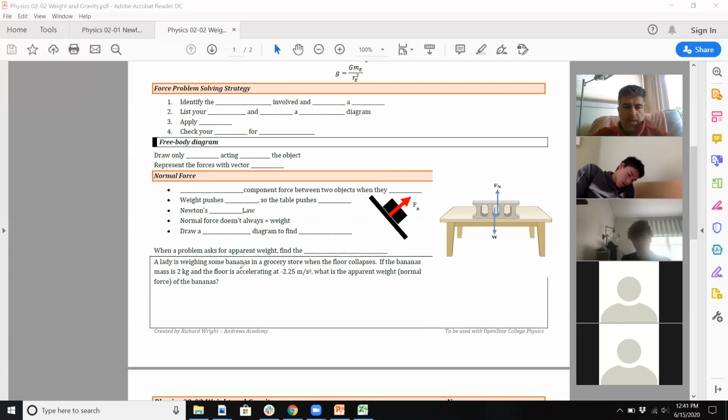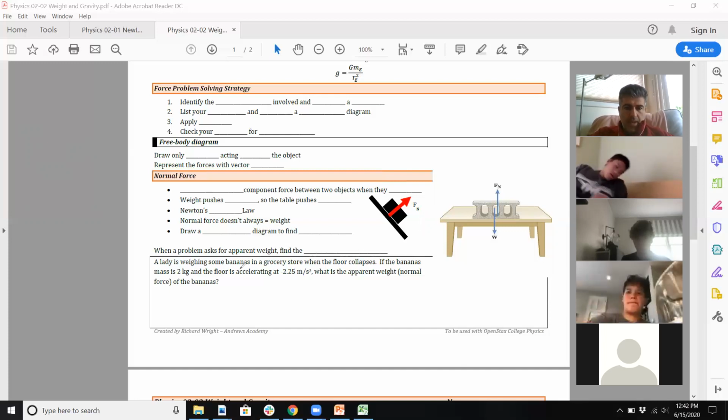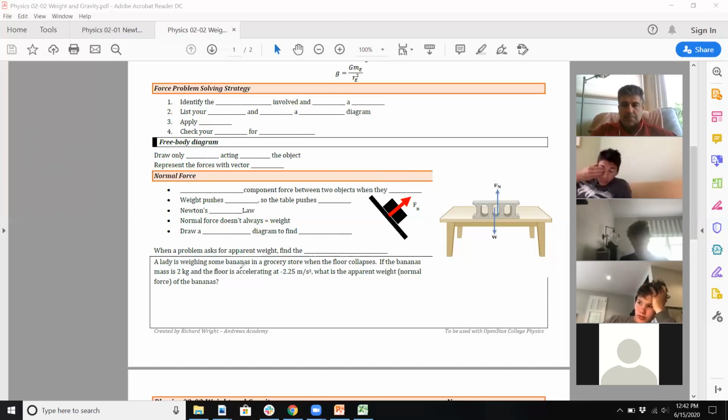A lady is weighing some bananas in a grocery store when the floor collapses. If the bananas have a mass of 2 kilograms, and the floor accelerates at negative 2.25 meters per second squared, what is the apparent weight of the bananas? Okay. First off, the normal force is what we're trying to figure out, right?